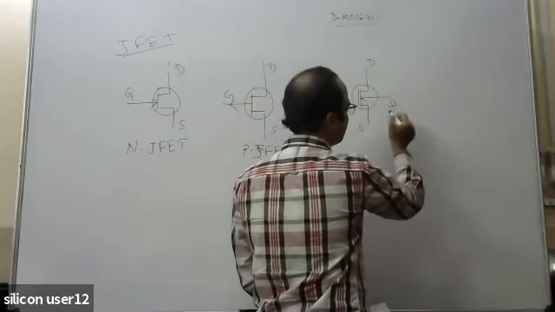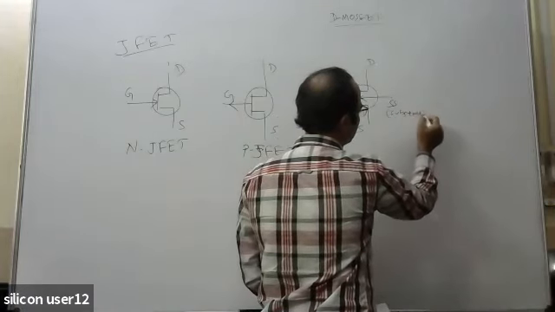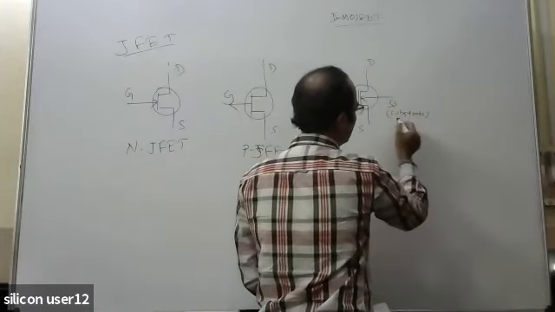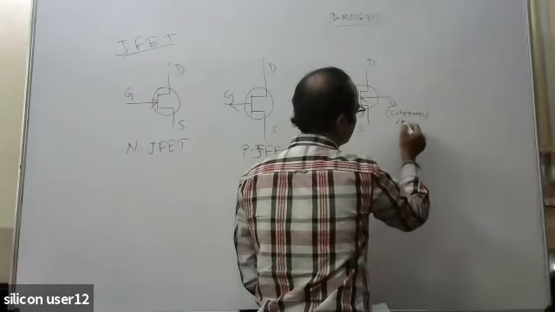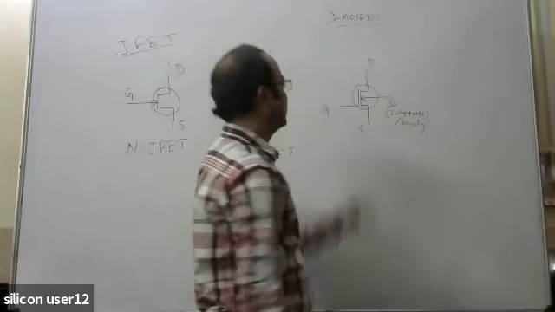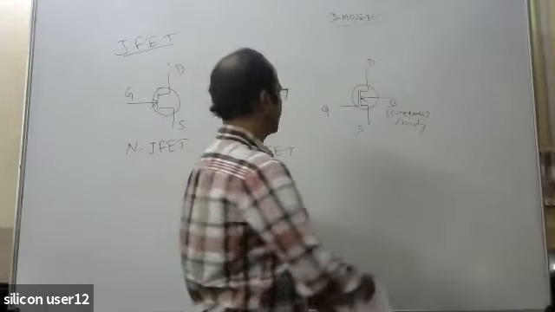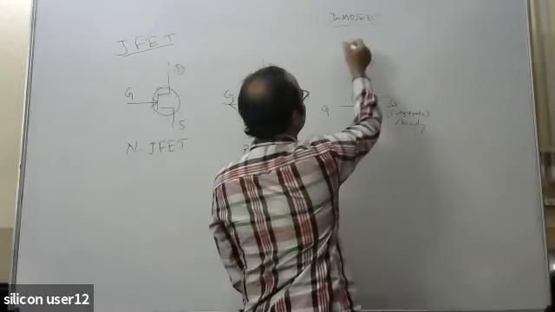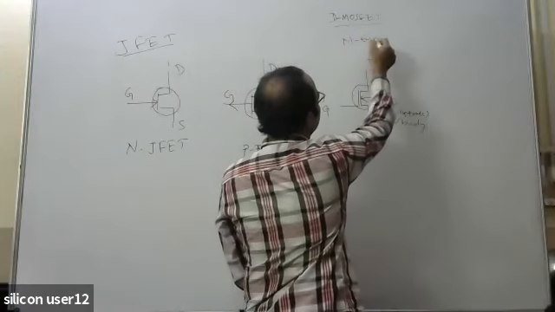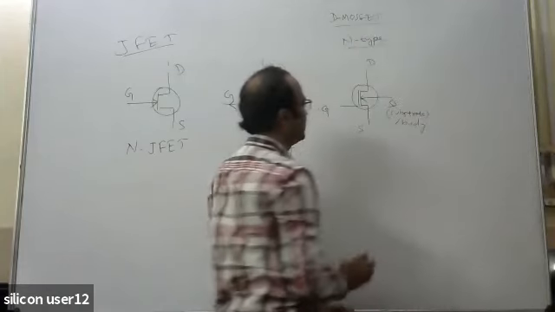Substrate is also written as SS. This is the substrate, also called the body. Here is the symbol of the N type JFET, N type JFET.